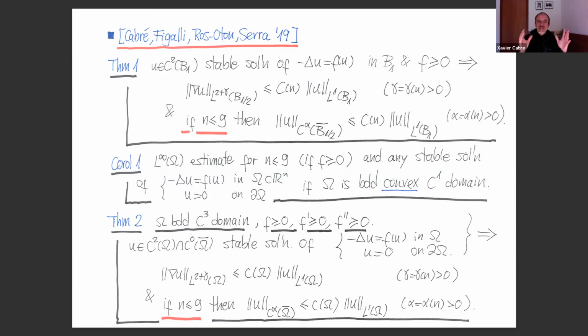And of course, since we are now here in this slide, let me tell you that it is an open problem to know, for instance, for theorem 2, if you can remove any of these assumptions. Or even for theorem 1, it is not known if we can remove the non-negativity of the reaction nonlinearity. It is only this F greater or equal than 0 can be removed in the radial case.